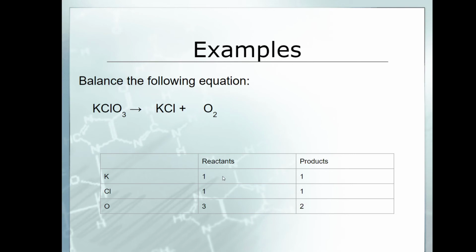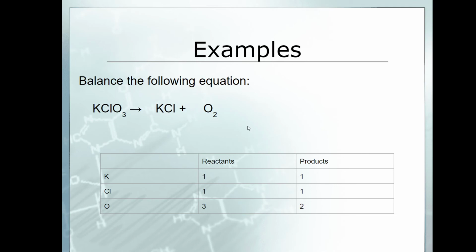All right, so looking at this, our potassiums match up, our chlorines match up. So to start off with, the only thing we're really worried about here is our oxygens. We've got 3 of them on one side and 2 of them on the other. All right, and we've got to find a way to make those balance out.